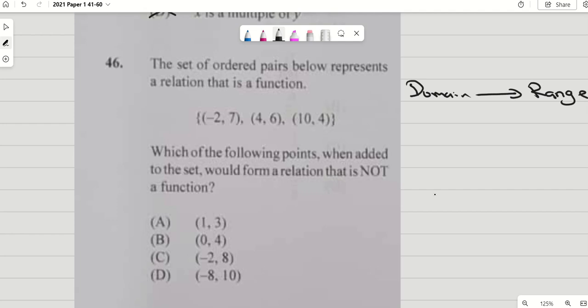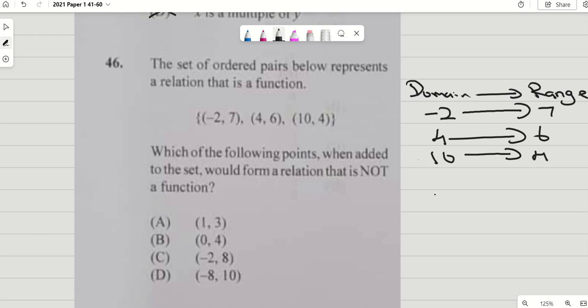That means your domain has to be there once. So if it is minus 2, it would map onto 7. It will not map onto anything else. Meaning if you use minus 2 in a function, you will only get 7. Same thing for 4. 4 will map onto 6. And 10 will map onto 4.